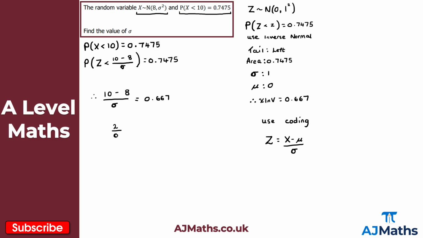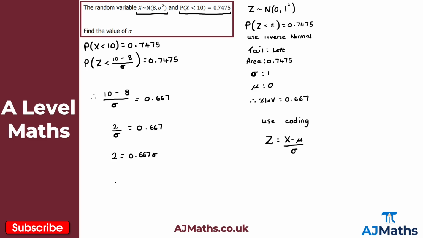So 2 over sigma is equal to 0.667. So obviously what you could do here is you could just take the reciprocal. That would be sigma over 2, and that's equal to 1 over 0.667. Or you can just times by sigma. Either way is fine. If I just times by sigma then, I get 2 is equal to 0.667 sigma. Okay.